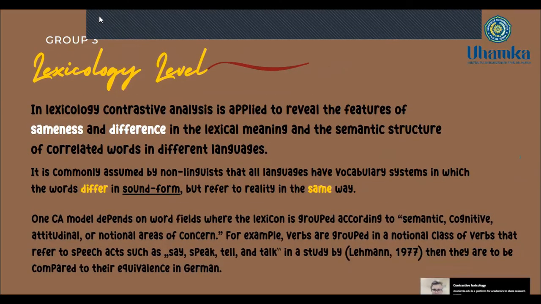Alright, for the lexicology level, in lexicology, contrastive analysis is applied to reveal the features of sameness and difference in lexical meaning and the semantic structure of correlated words in different languages.